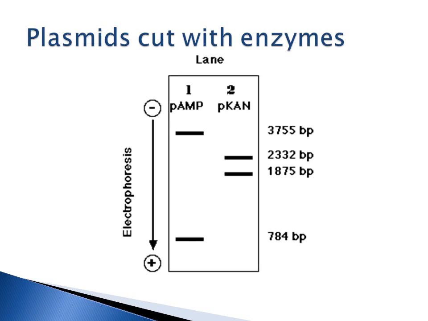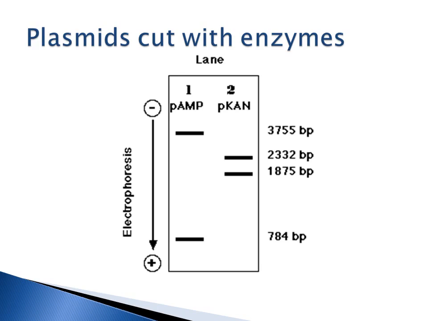You would then cut the plasmid that you've just isolated from your various clones from your E. coli plates, and if you cut it with the enzymes that you used to make your chimeric or recombinant plasmid, you should get the sizes of bands that correspond with your original plasmid and the piece that you put in.